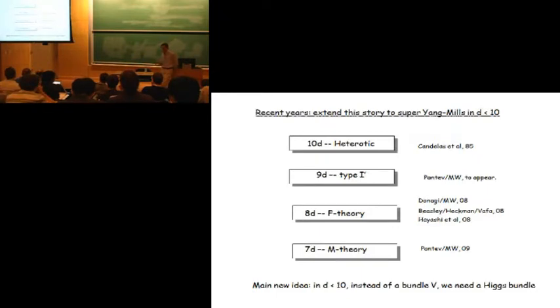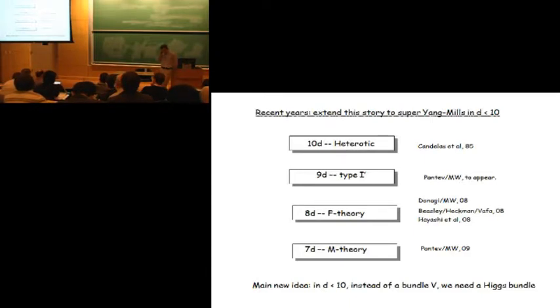I didn't really explain how that came about, but if you look closer at these models, the thing that really made them work was this exceptional gauge symmetry. Okay, and as I've reviewed, essentially all we've done is we've taken 10-dimensional supersymmetric Yang-Mills theory with an exceptional gauge symmetry, the E8 gauge group, and we've compactified that down to 4 dimensions.